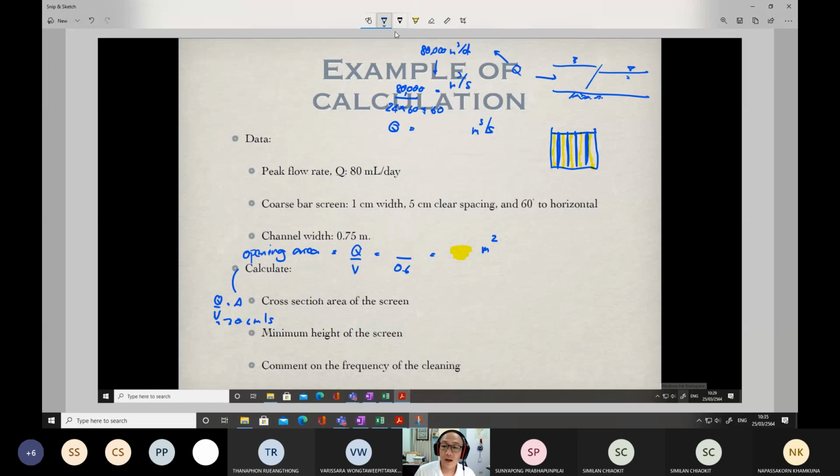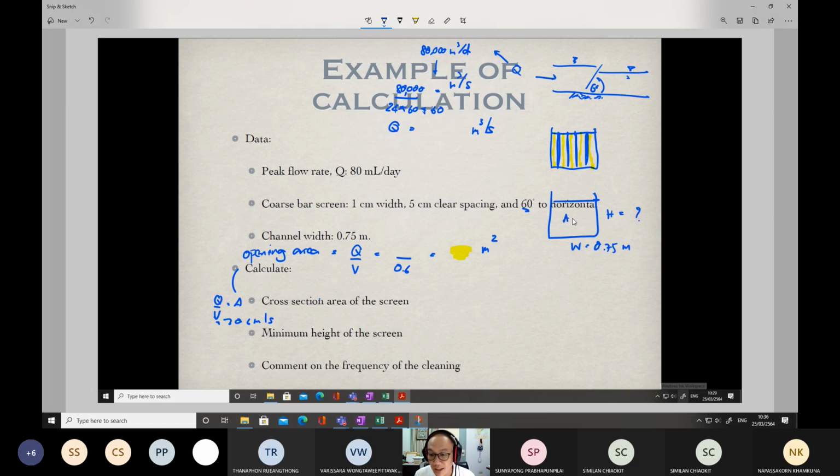If you are about to determine the channel area, which is equal to the width times the depth, the channel width is already given as 0.75 meters. You are about to find the height.